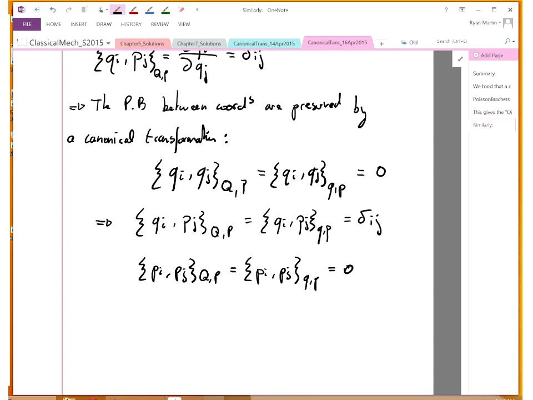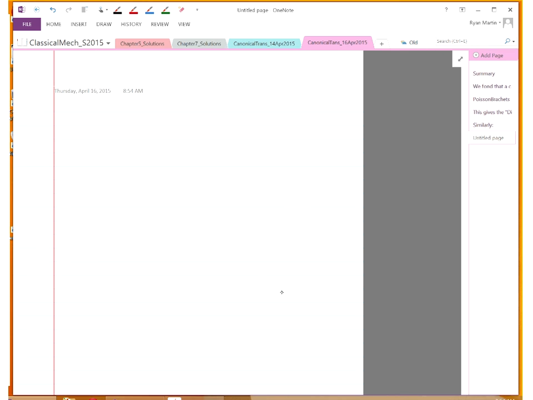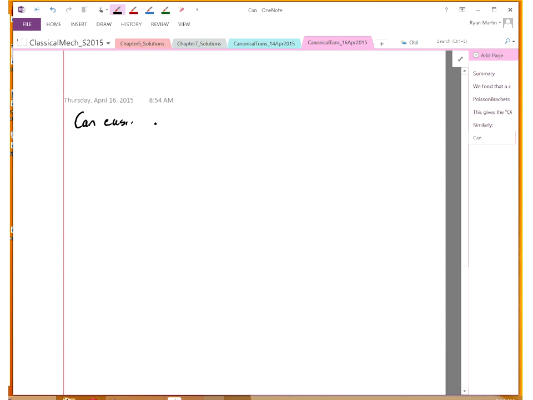And it turns out this gives us a very good way to check if a transformation is canonical. So you can easily verify if the transformation is canonical.